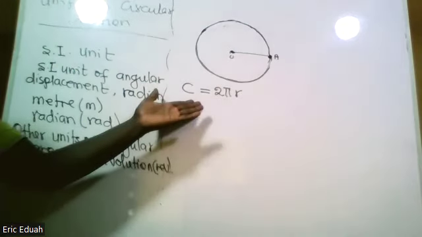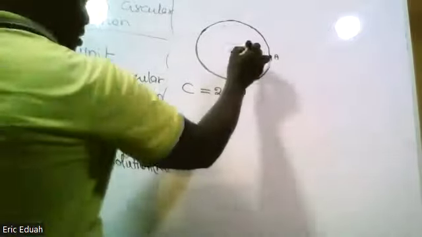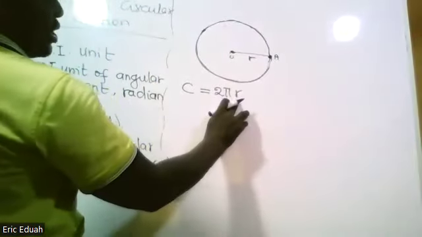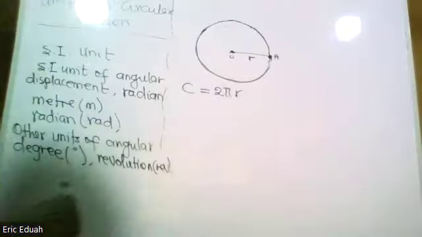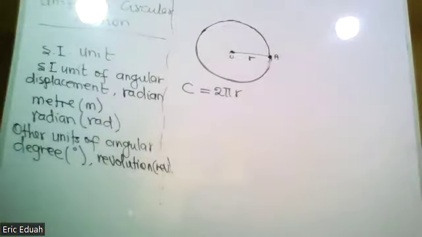So the circumference of a circle is equal to 2 pi times the radius of the circle. Knowing the radius, when you multiply by 2 pi, you have the total distance surrounding this circle.